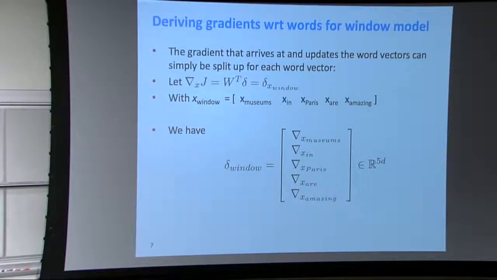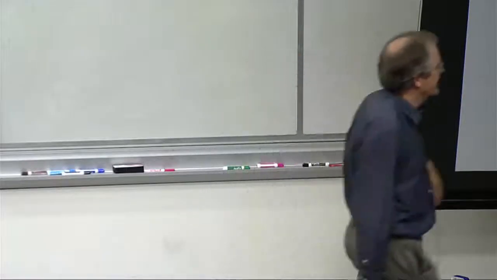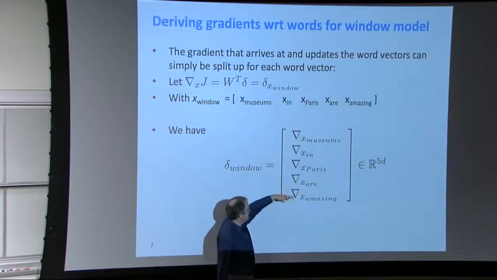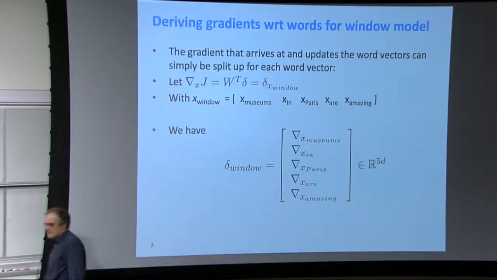We can nevertheless do exactly the same thing and continue our gradients down and work out the gradients of this word window vector, and if these are of dimension d, we'll have this 5d vector. But then what do we do about it?